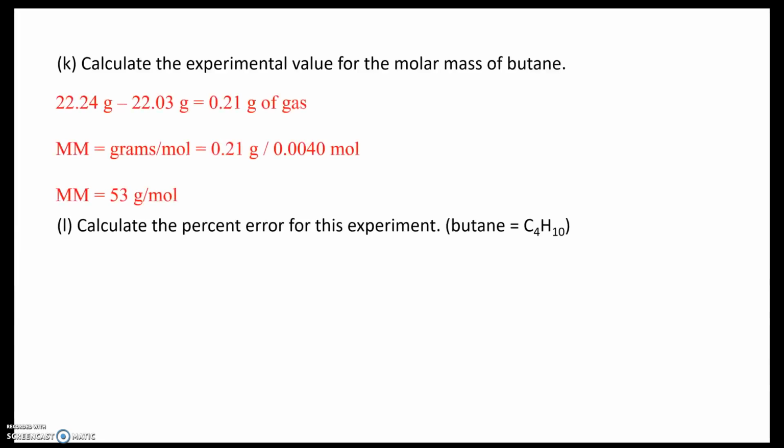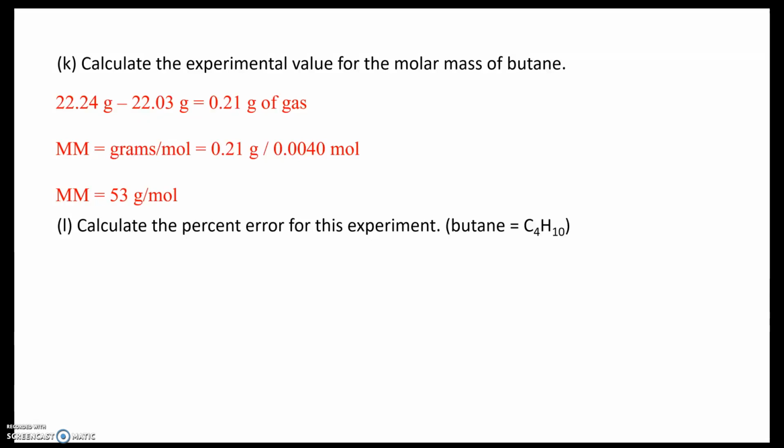And I want to calculate the experimental value for the molar mass of butane. Well, 22.24 grams, which was the mass of the container before we vented the butane, minus 22.03, which is after, gives me 0.21 grams of gas. I divide that by the number of moles I computed in the first part, and I get 53 grams per mole. We want to now calculate the percent error similar to the previous problem.